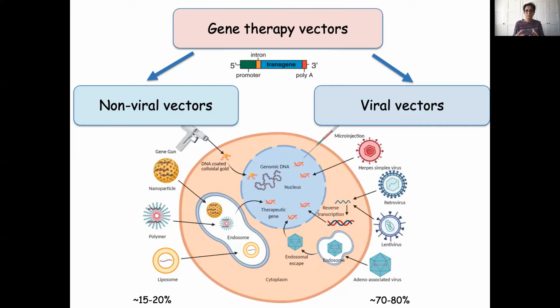So when they go into our cell, the DNA or the RNA that they are carrying, so they have genetic material, ultimately gets into the nucleus and starts to make proteins using the machinery that is already present in the cell. So those are called viral vectors, and the technology is much more advanced in the case of viral vectors as compared to non-viral vectors.